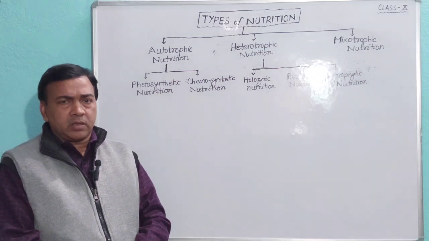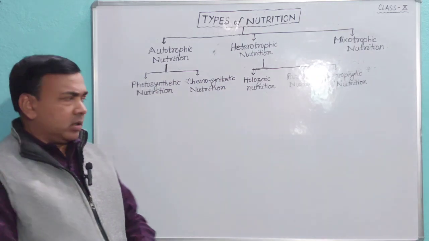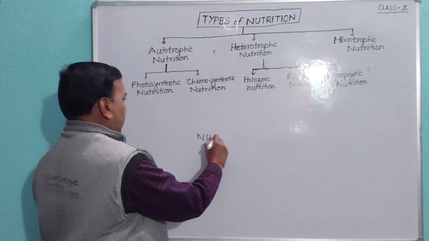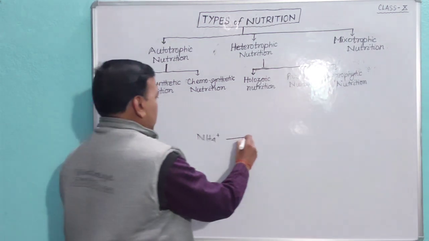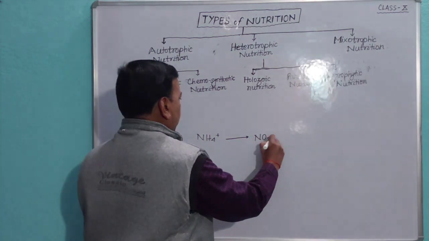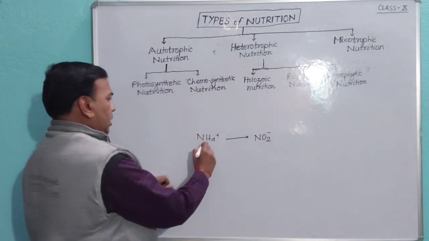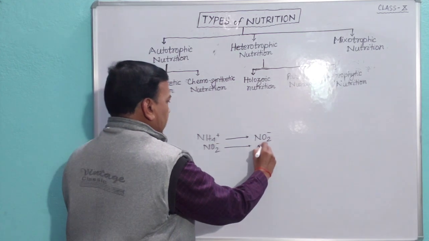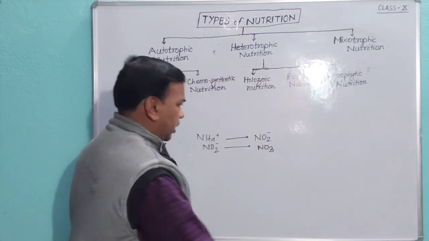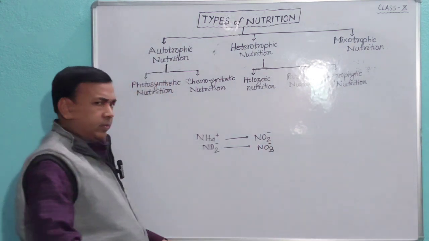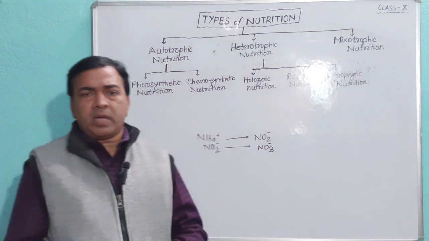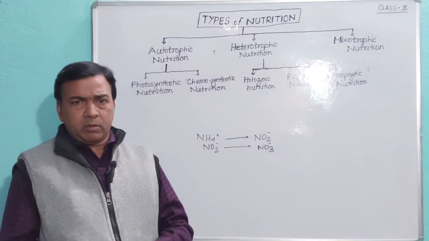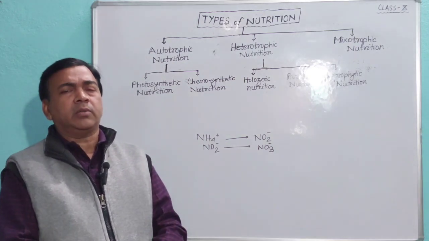Nitrifying bacteria synthesize nitrite from ammonium ion, and further oxidize the nitrite into nitrate to get energy. Sulfur bacteria are found at the bottom of the sea where thermal vents are found.